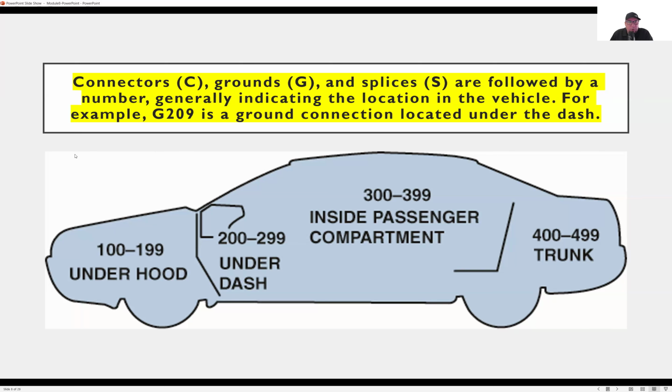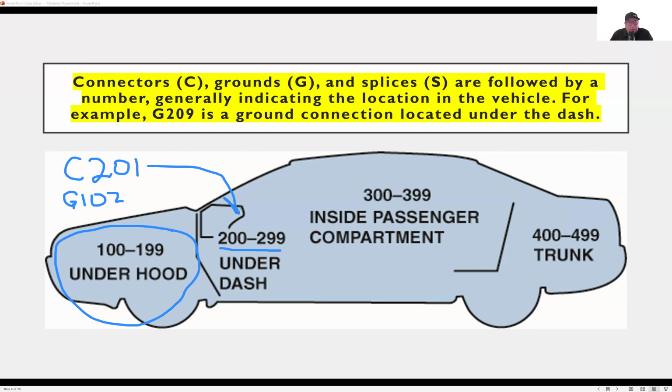So the connector numbers, or the ground numbers, indicate where they are located. So if we have C201 or we have G102, that's going to tell us roughly where it's located in the area. So C201, it has a 201. If you notice, under dash is 200 to 299. So that would be located here under the dash. The G102 is located under the hood because it starts with the 100s.